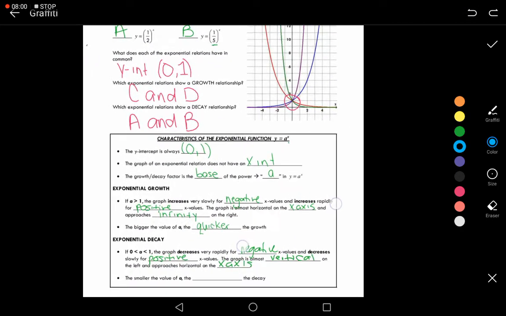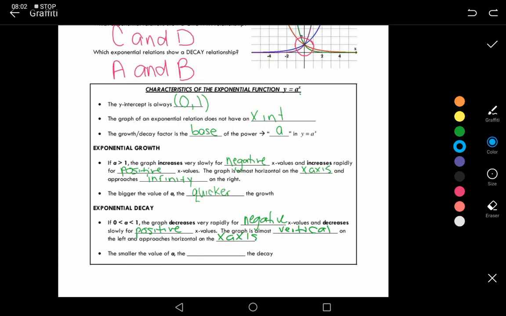Okay, so the smaller the value of A, the quicker the decay. Okay, so 1 over 20 is smaller than 1/2.